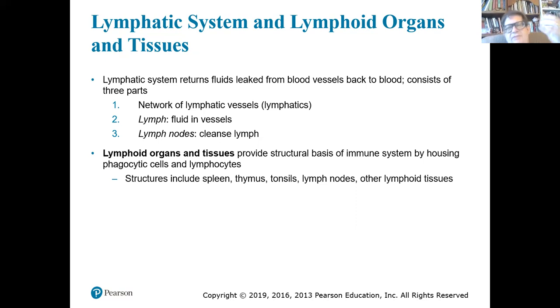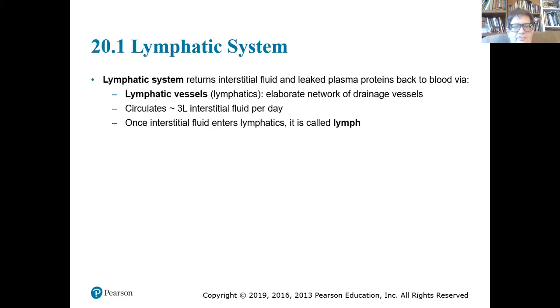You remember, never let monkeys eat bananas. Lymphocytes are the second most common of the white blood cell types. This is where we have them. We have large numbers in the lymph nodes. So what types of lymphatic organs do we have? The spleen, the thymus, the tonsils, the lymph nodes, and other lymphatic tissues. Let's move on.